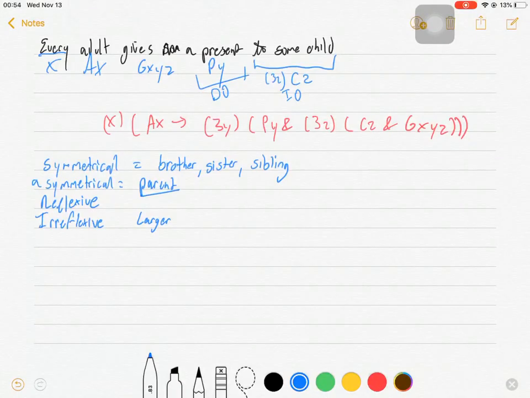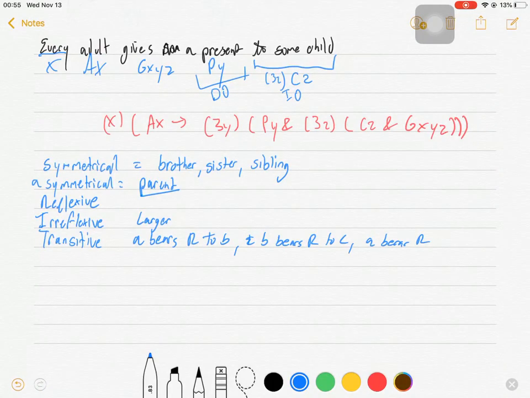The last thing I would say that might help is to think about transitive relations. Transitive relations are things where, if A bears R to B and B bears R to C, then it follows that A bears R, and R here stands for relation, to C. Taller than is transitive.